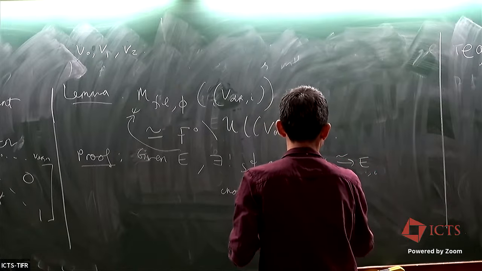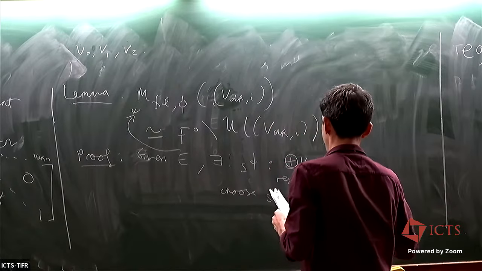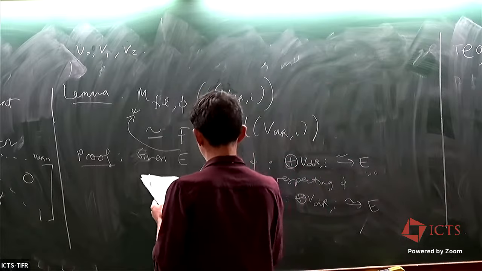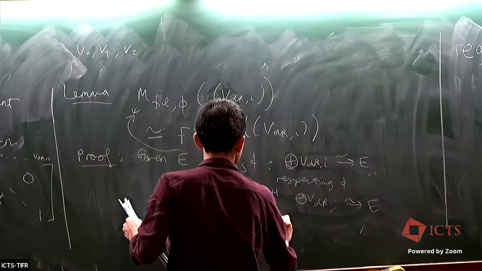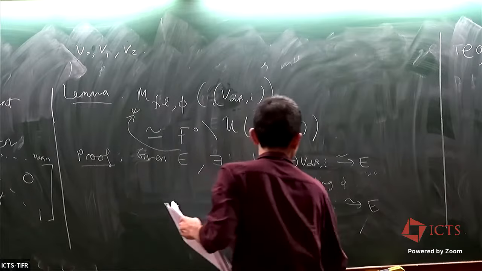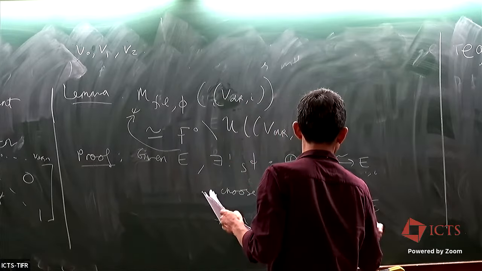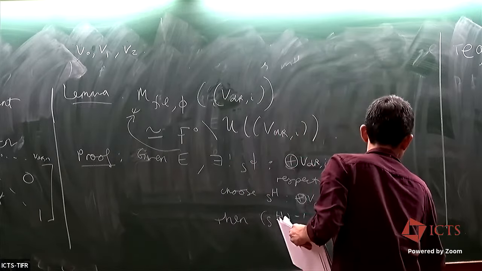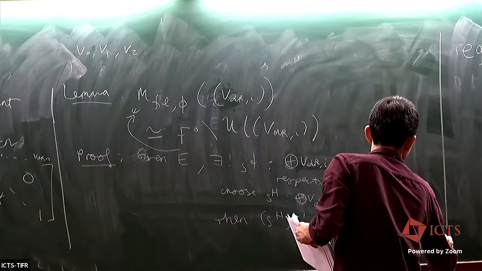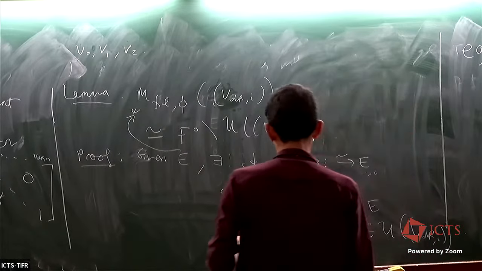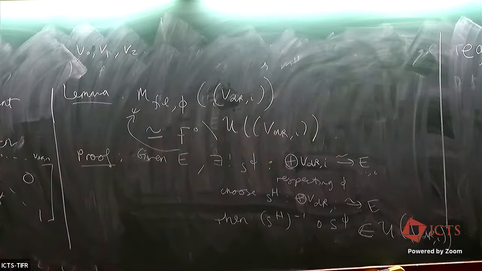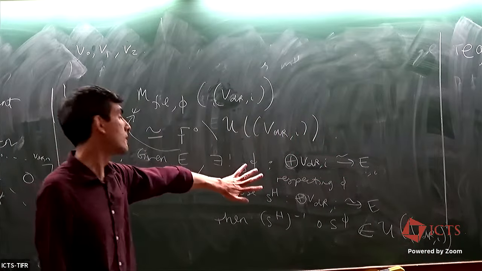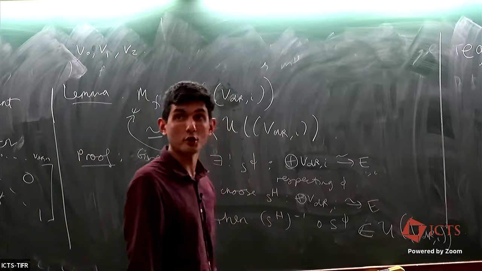Here. Then S_H inverse composed with S_phi gives us an element of U. And well, this S_phi was God-given, but this S_H involved a choice.